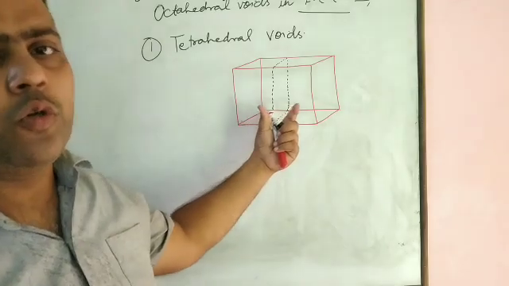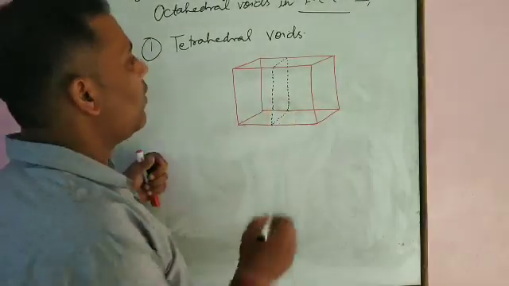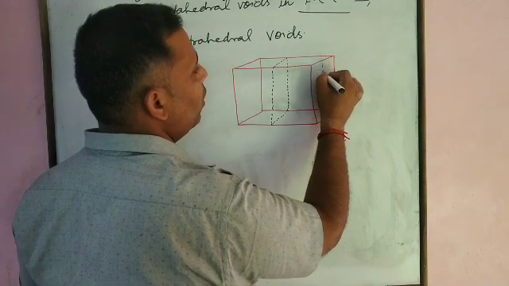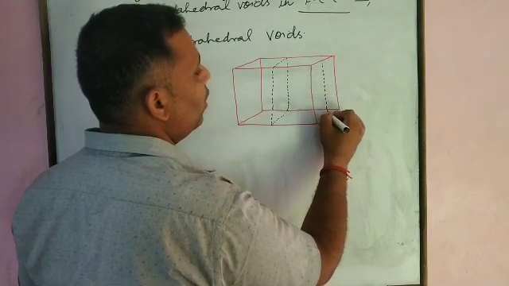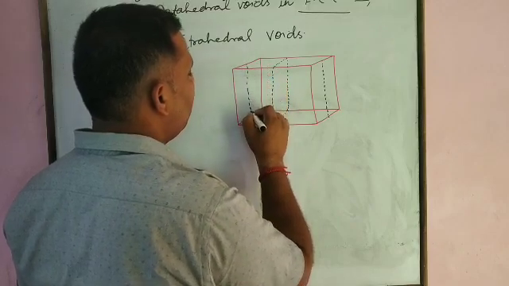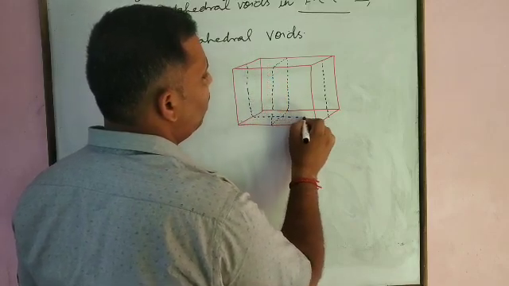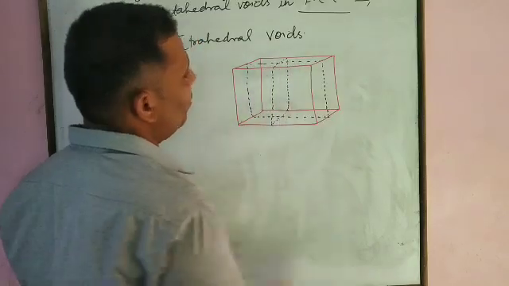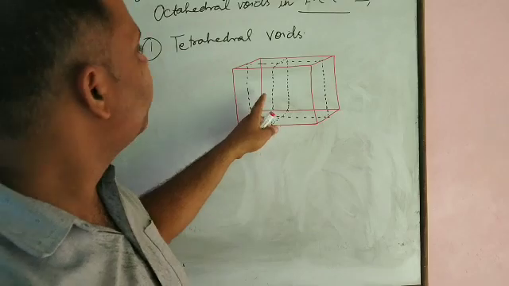Then it is divided into 2 parts. When we again divide it from here, see here, then how many parts does it have?